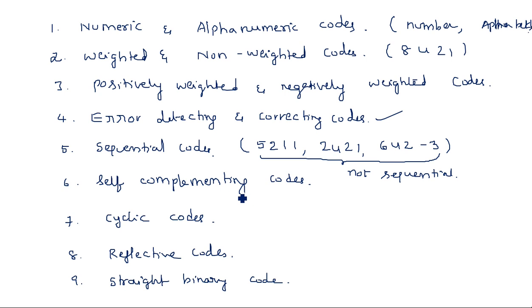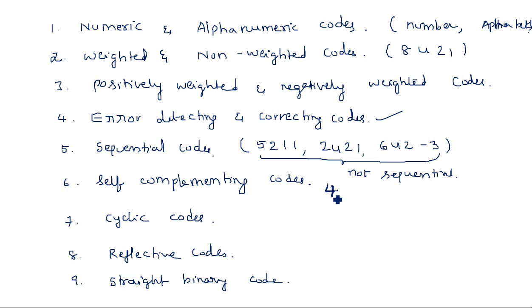And self-complementing codes. What do you mean by self-complementing code? A code is said to be self-complementing if the code word of the 9's complement of n, that is 9 minus n, can be obtained from the code word of n by interchanging all zeros to ones. Suppose a number is given to you like 4, listen carefully.